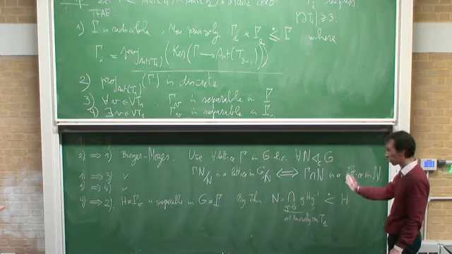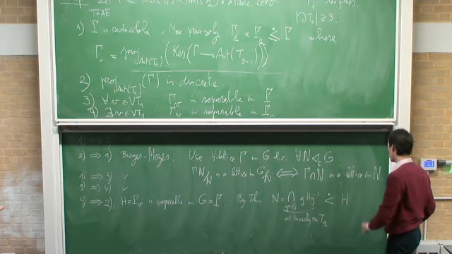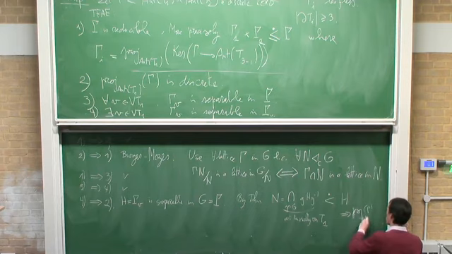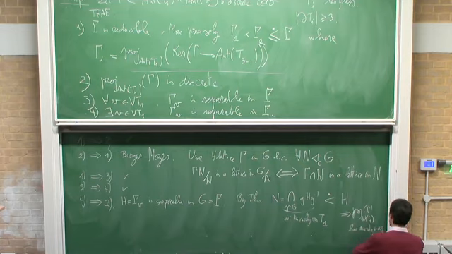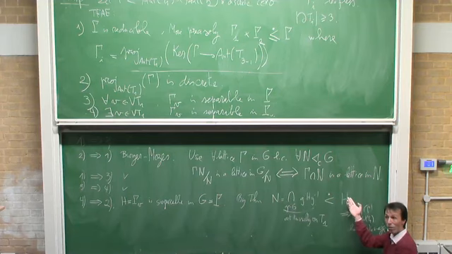So this means that the projection of gamma on the automorphism group of the first factor has discrete image. The projection means I mod out this normal subgroup and then I get a group acting on a tree with finite vertex stabilizers. So this is discrete.